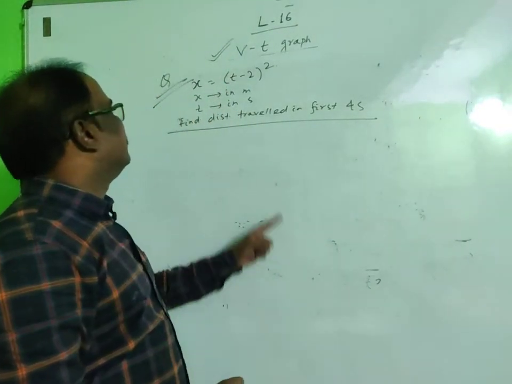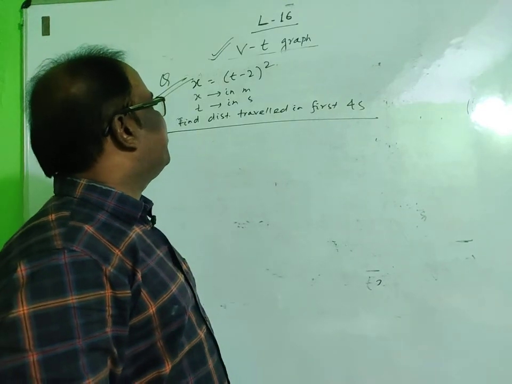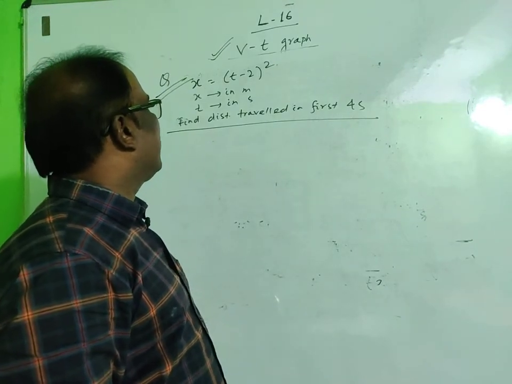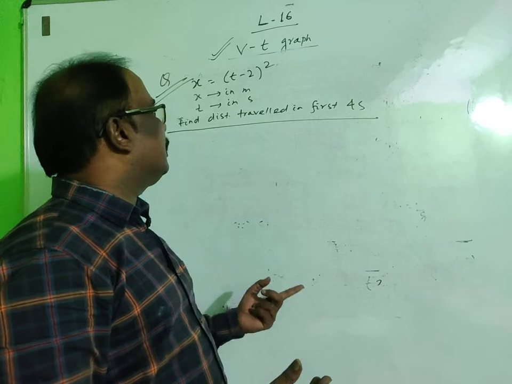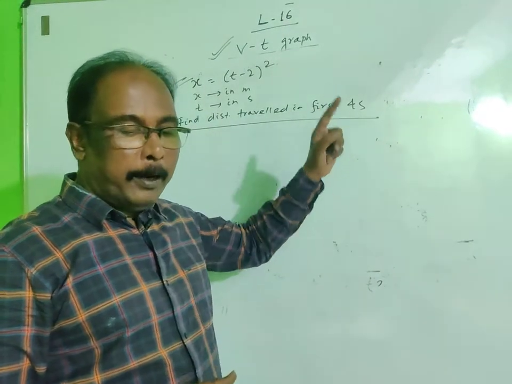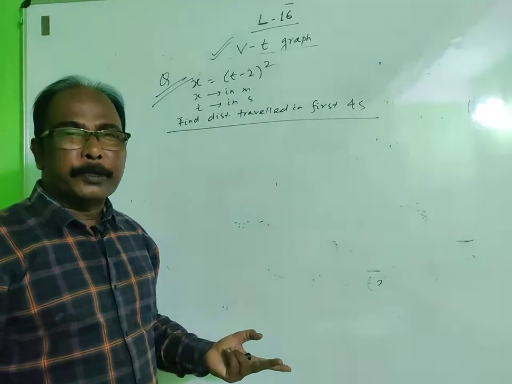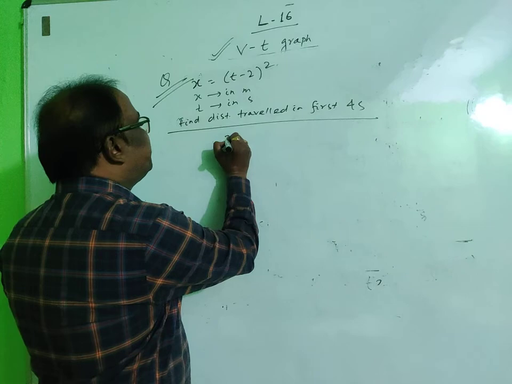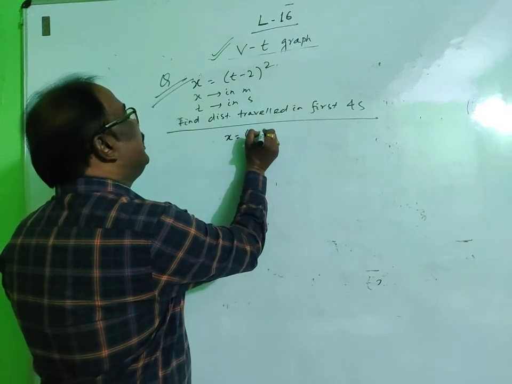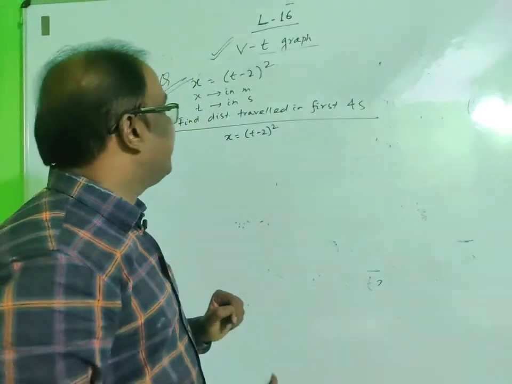The equation of displacement along the x-axis is given: x equals (t minus 2) whole squared, x in meters, t in seconds, and we have to calculate the distance traveled in the first 4 seconds. See, the equation of displacement is (t minus 2) whole squared.